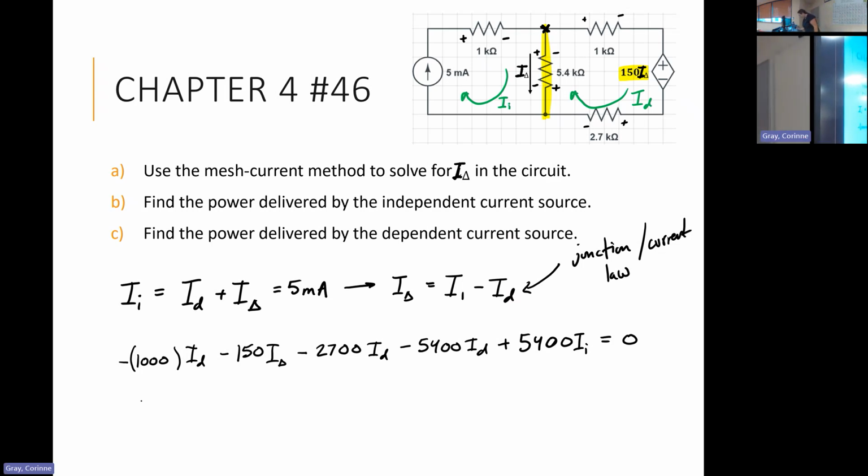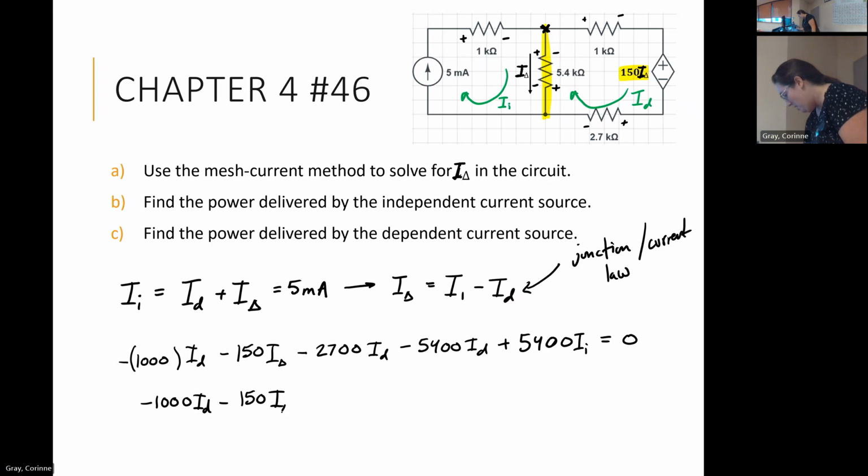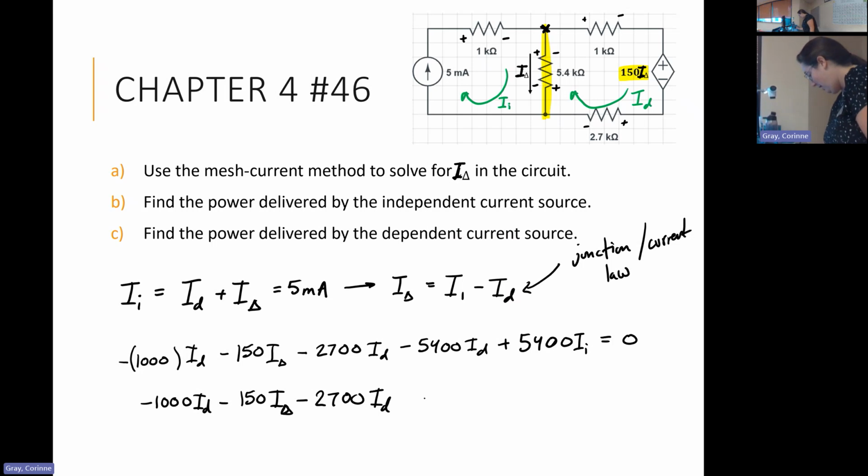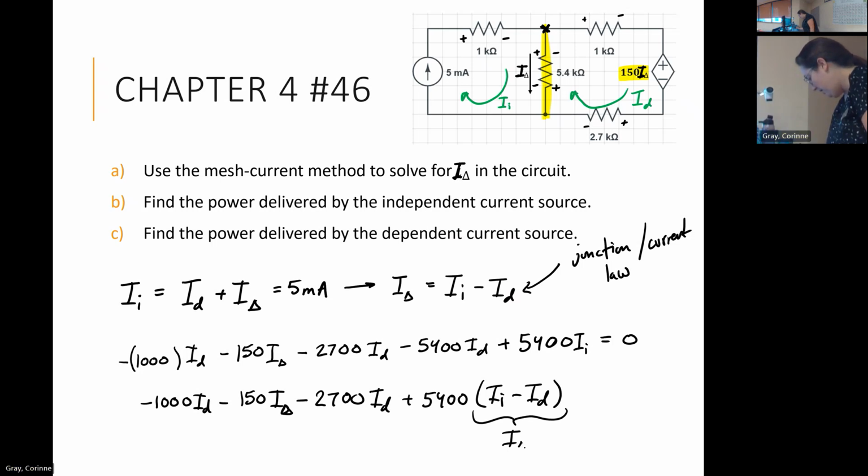So we can rewrite this as negative 1,000 ID minus 150 I delta minus 2,700 ID, plus 5,400 I minus ID, where this here is I delta.